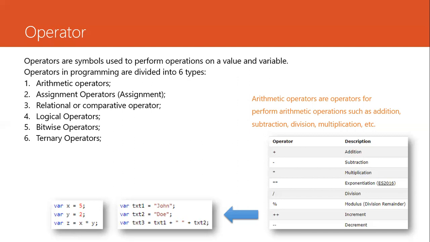If you use logical, usually we use and, or, XOR, something like that. Then bitwise and ternary. For bitwise, I think we rarely use this, and ternary too. You can learn by yourself, or you can read more about operators in other references.